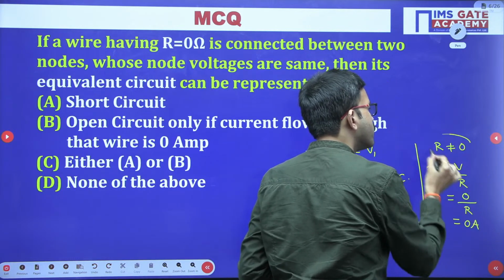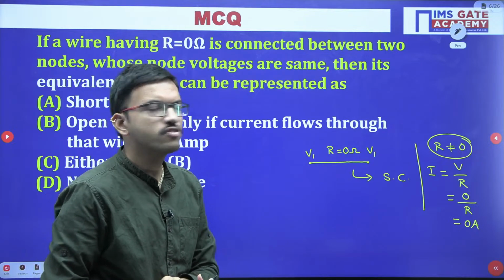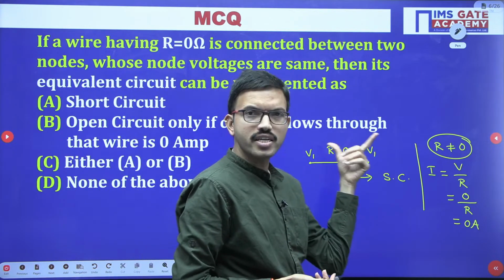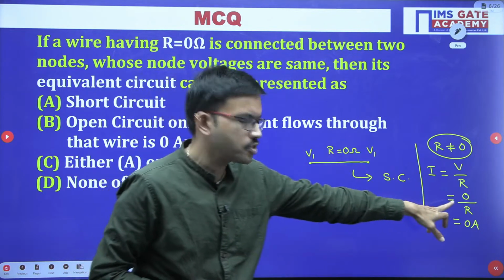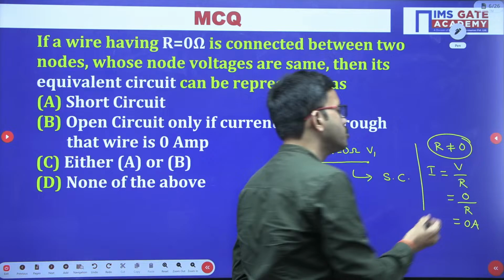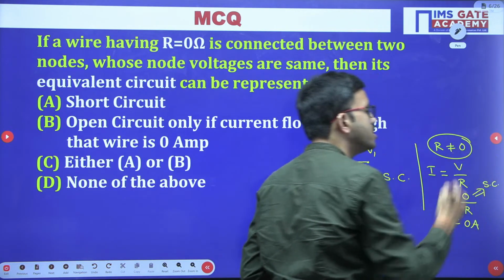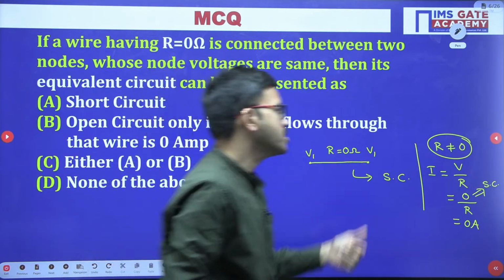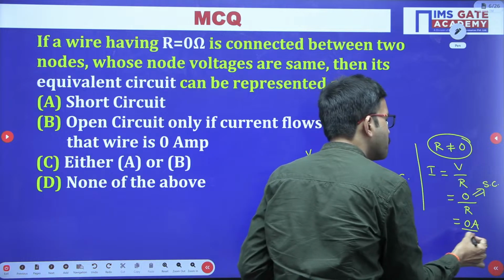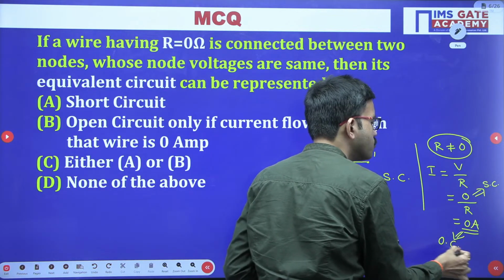So whenever the resistance value is other than 0 ohm and the end voltage is same, the voltage drop across that resistor is 0. The moment the voltage drop is 0, we can represent that equivalent circuit as short circuit. And by using Ohm's law, you are getting 0 ampere. The moment you are getting 0 ampere, we can represent that as open circuit.